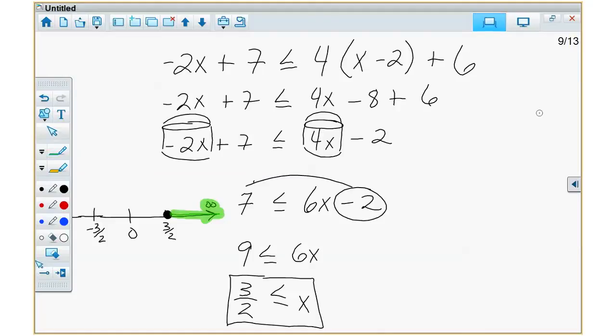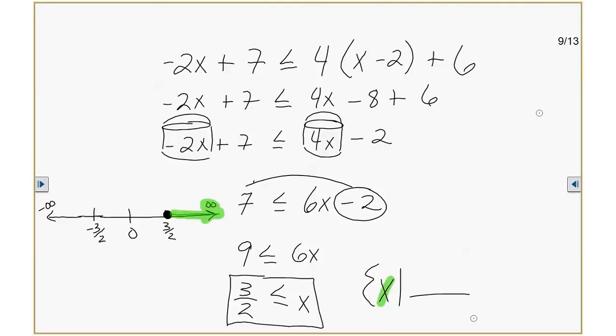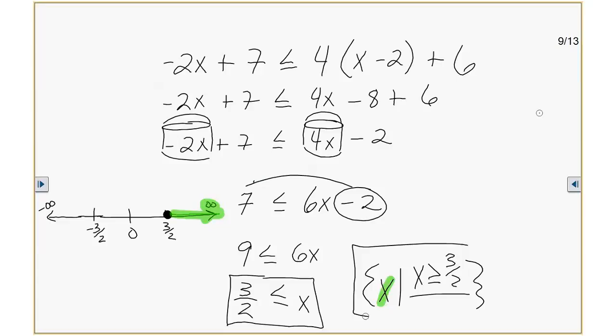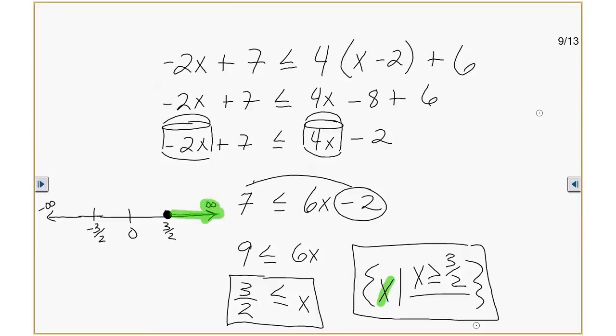So set builder notation is x such that x is greater than or equal to 3/2. That's set builder notation. And somebody read this from left to right.